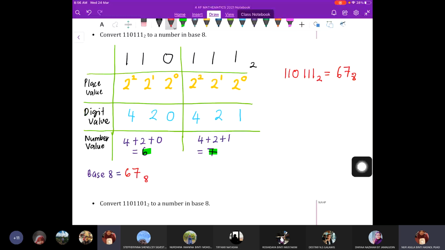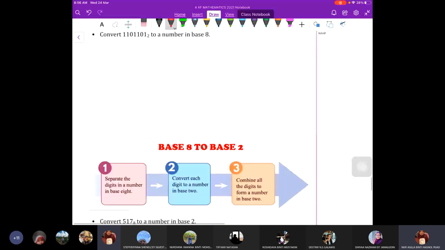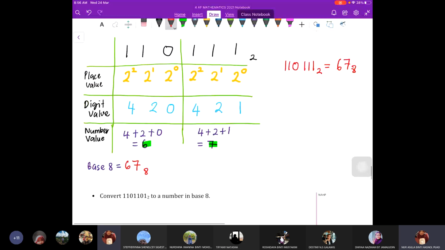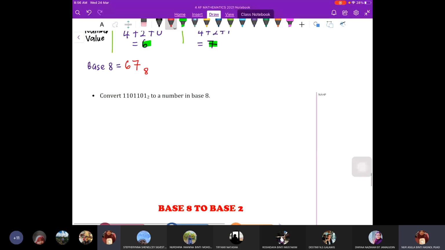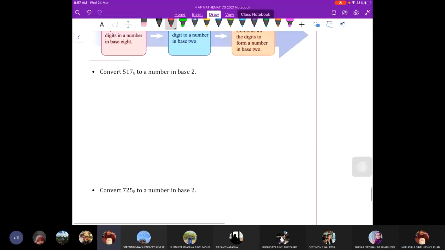Okay. So buat macam tu. Okay, sebab saya nak tunjukkan kamu pula base 8 to base 2. Okay, tadi daripada base 2 to base 8. Sekarang I'm gonna go through daripada base 8 to base 2 pula. Okay, now berbeza sikit sahaja dengan daripada base 2 to base 8.